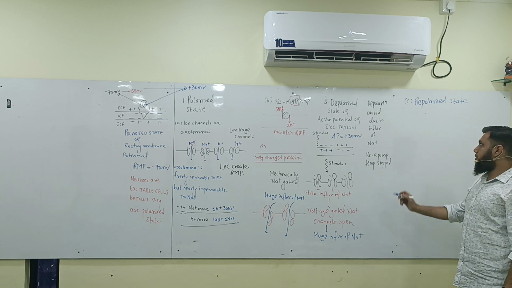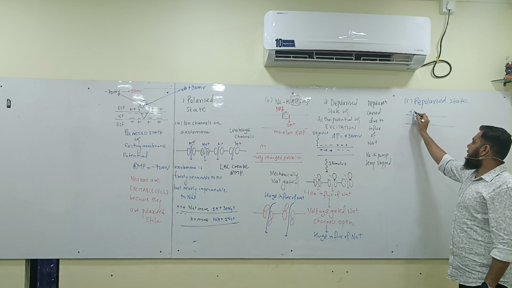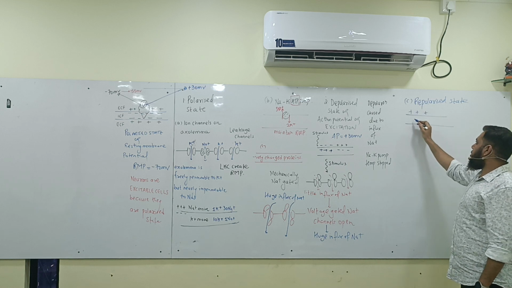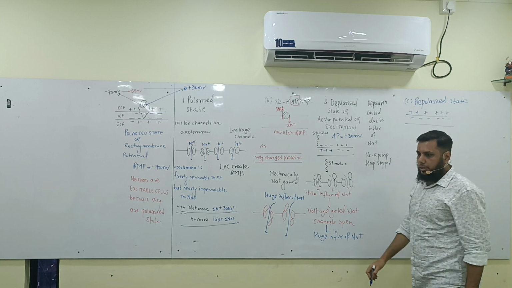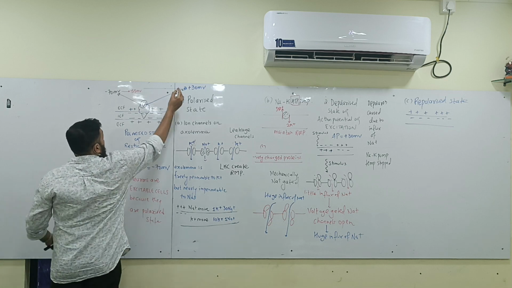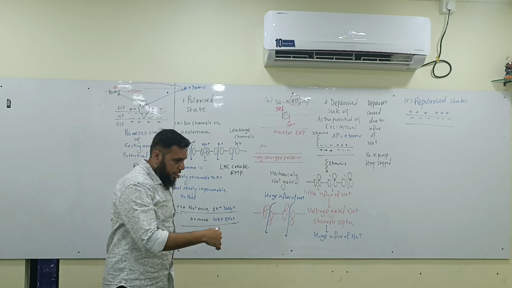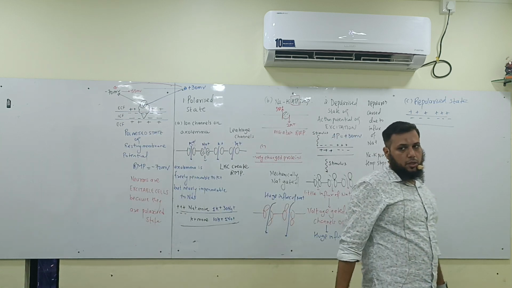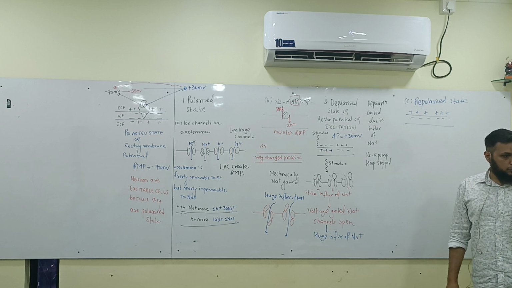And in this repolarized state, once again, outside will become electro positive and inside will become electro negative, and the needle will come back from plus 30, it will go back to how much? Minus 70 millivolts, and that state will be called which state? The state of repolarization. Okay?